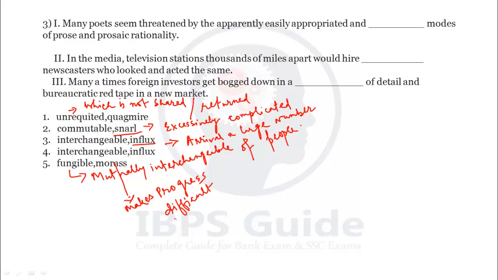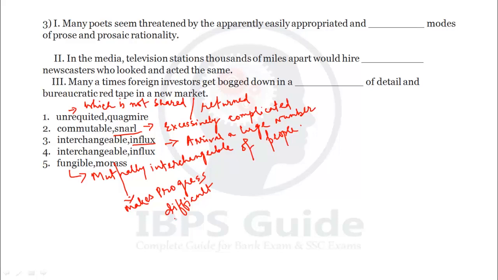So, which can be the correct option? Many poets seem threatened by apparently easily appropriated and fungible modes of prose and prosaic rationality. In the media, television stations thousands of miles apart would hire fungible newscasters who looked and acted the same.